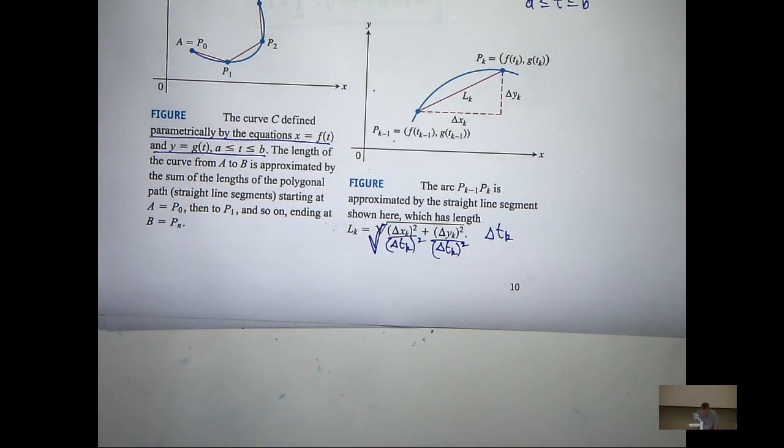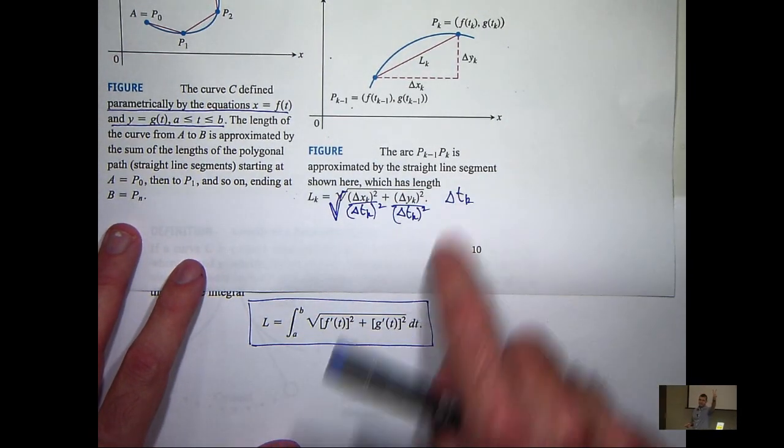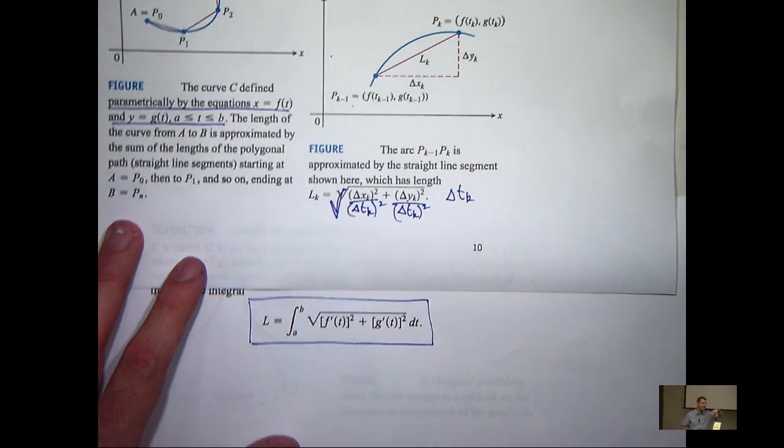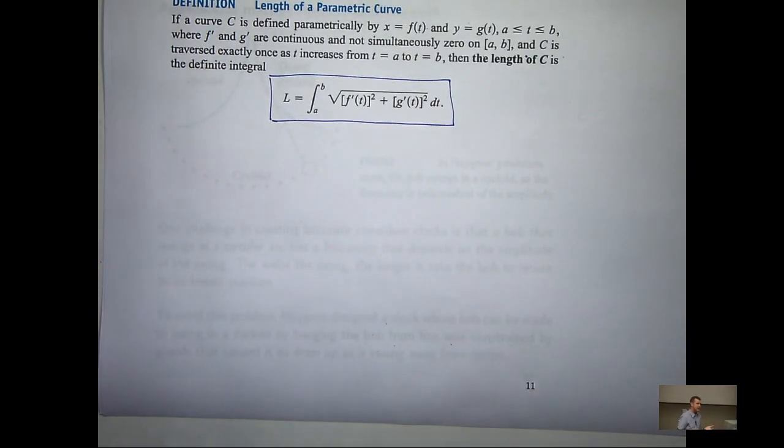And then if you sum up in the limit, look what happens. That goes to that, that goes to that, that goes to that, right? You sum up, and the summation goes to the integral sign. Anyway, I'm not going to derive that for you, but let's actually look at a real simple example.